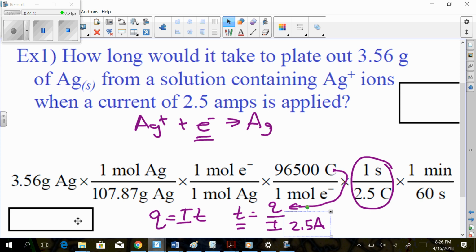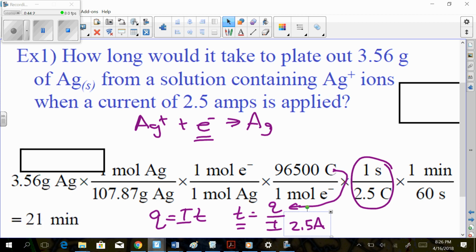I gave you a little bit of time while I was talking. Hopefully you did it with your calculator. If not, pause me and do it right now. It takes 21 minutes to plate 3.54 grams of silver.